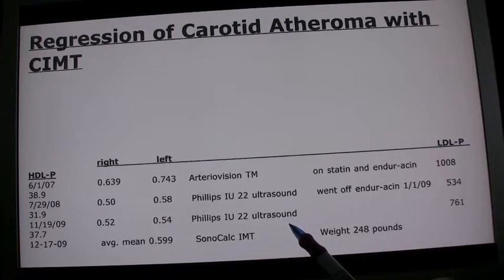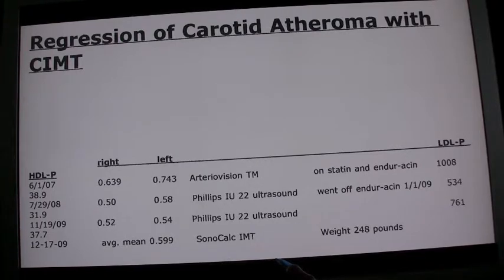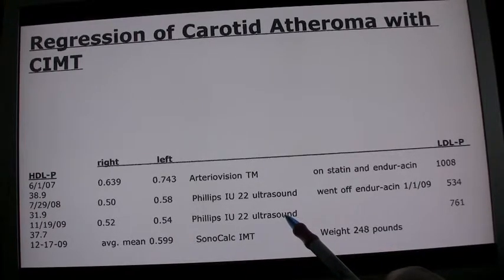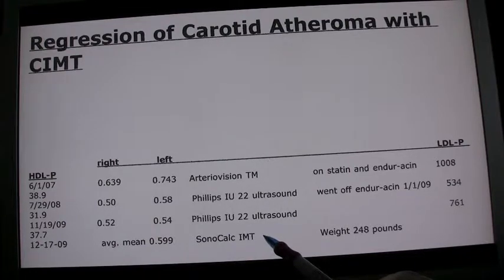Academicians would say this is why we can't use this machine, because it's not extremely accurate. But for me, it showed that by keeping my LDLPs very low, 500, 700, I had been able at least to prevent progression.